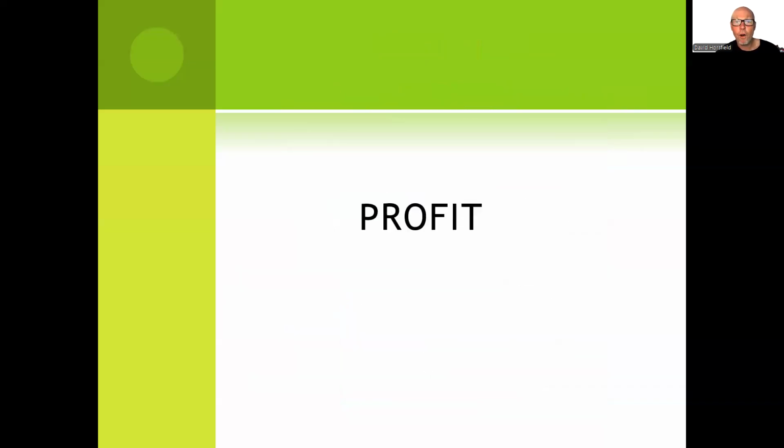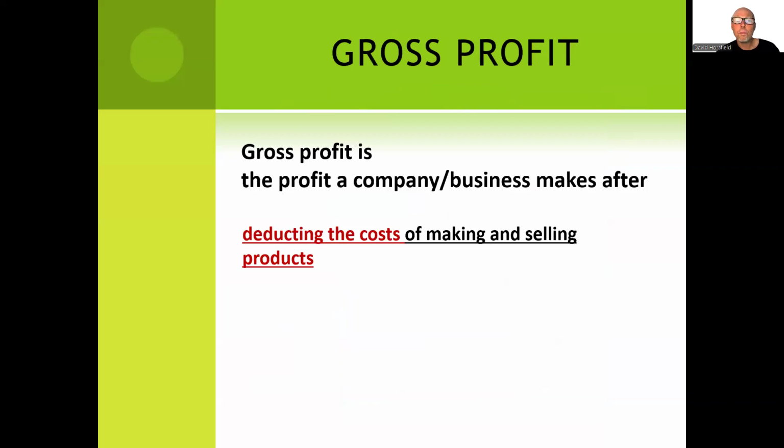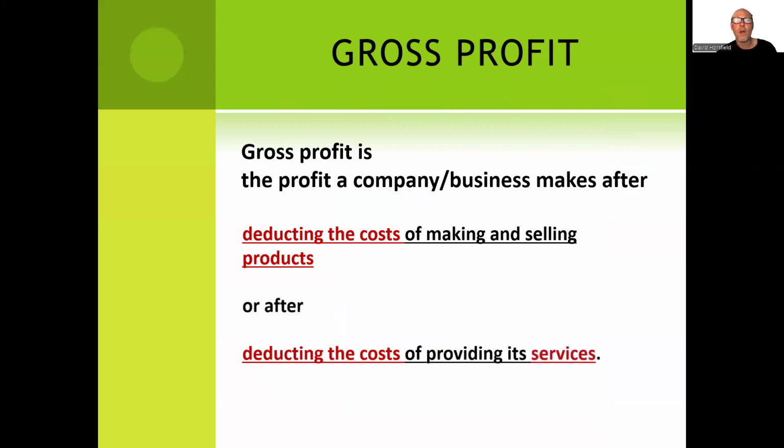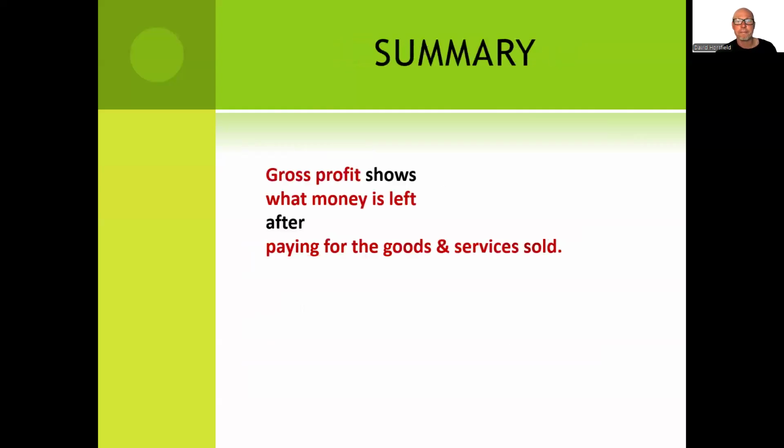So we're talking about profit. Now, gross profit is the profit a company makes after deducting the costs of making and selling products. That's cost of goods sold, which we just explored. Or after deducting the costs of providing its services. That was gross profit. It has brought us back full circle, because we took a little sidestep looking at cost of goods sold, and now we're coming back to the gross profit bag of money.